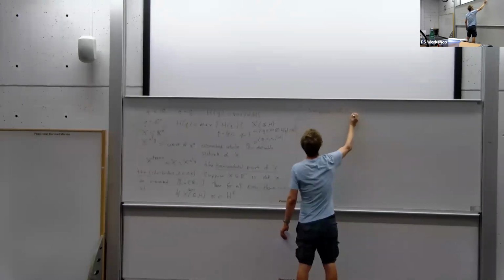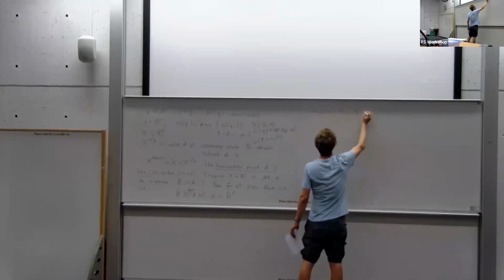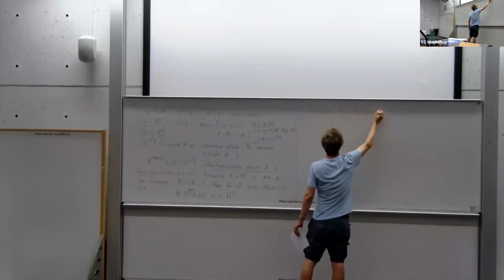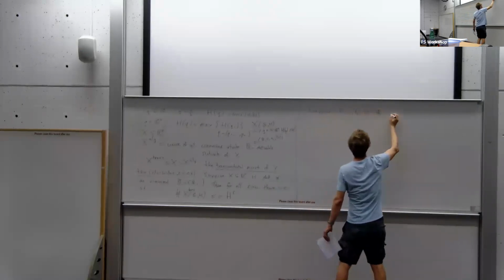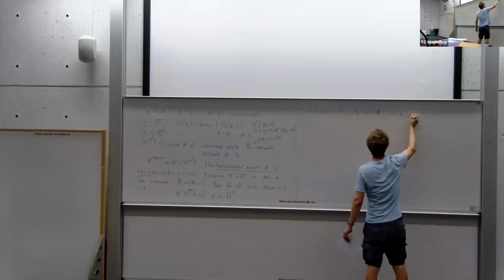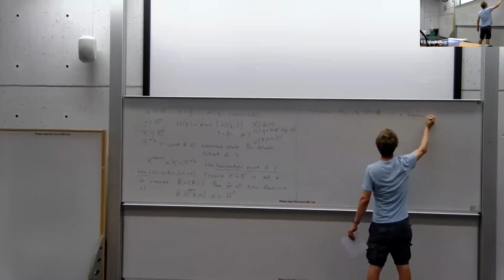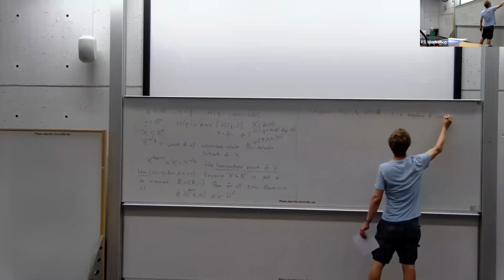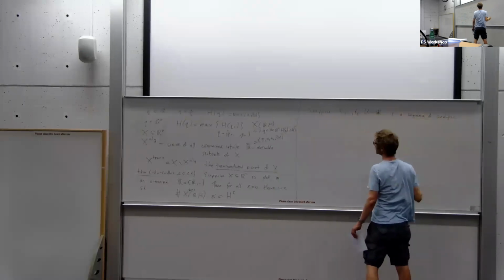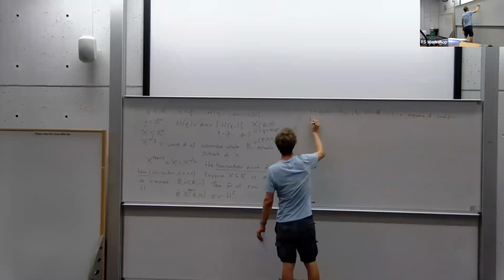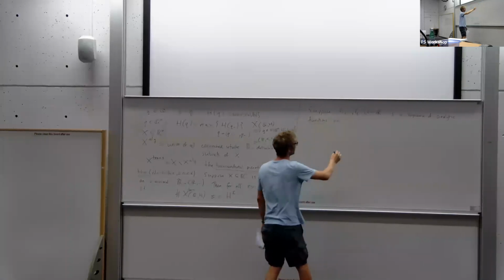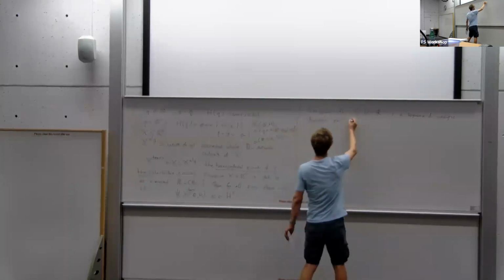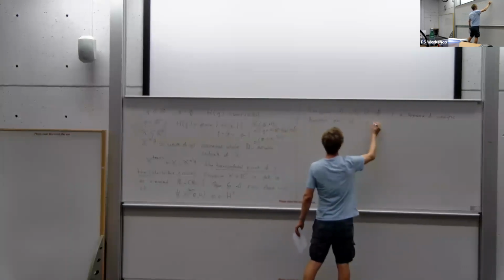So suppose I have F1 up to FL analytic functions on U, and U will always be a product.